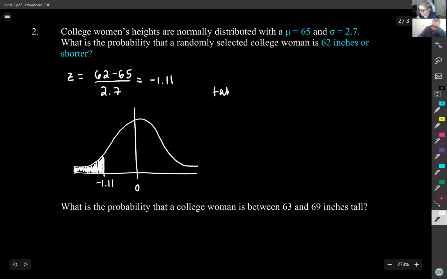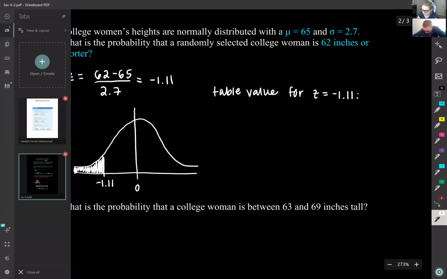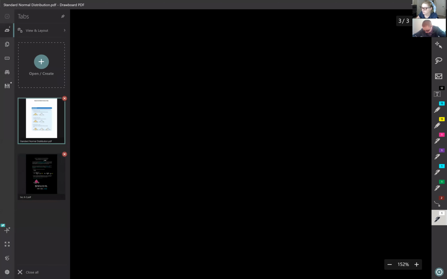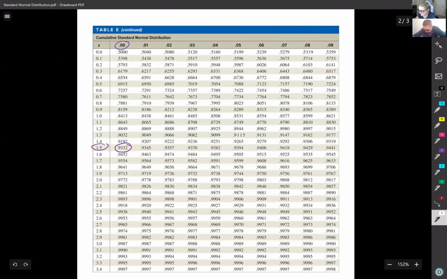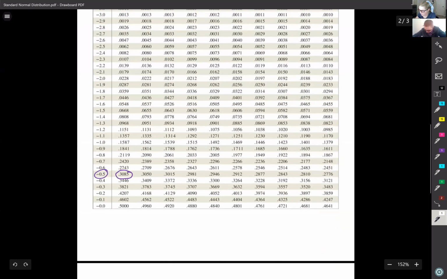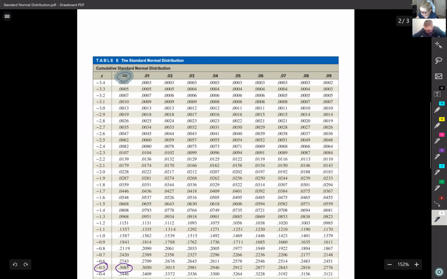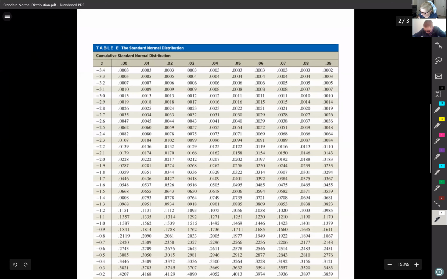So let's go to our table and find the table value for z equals negative 1.11. Okay, so we want to come down to negative 1.1, which is right here.